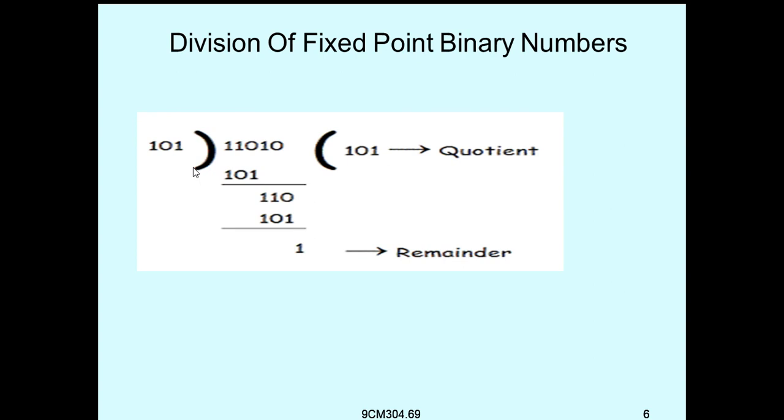So now the divisor is 5 and the dividend is 26. We have to do the division operation of these two. Here 101, so 1 into 101 is 101.